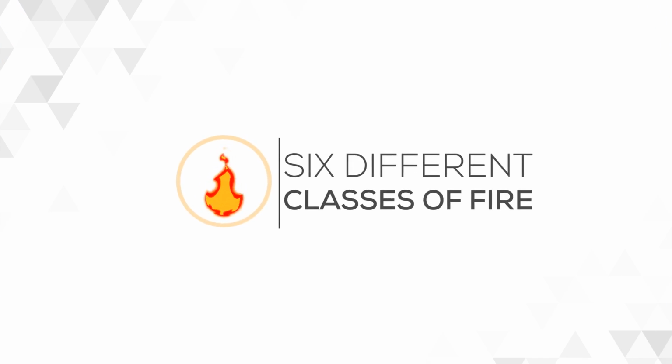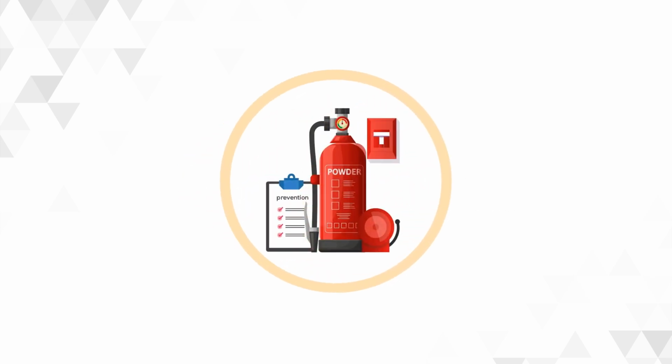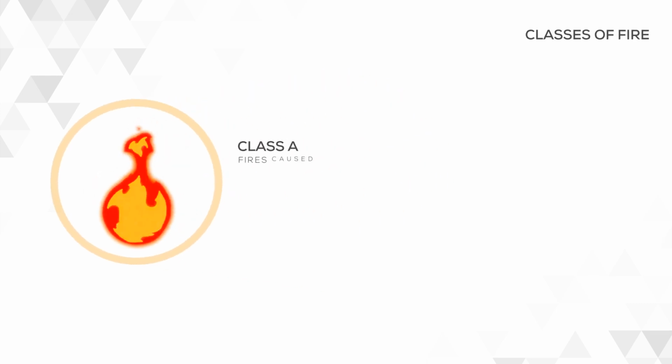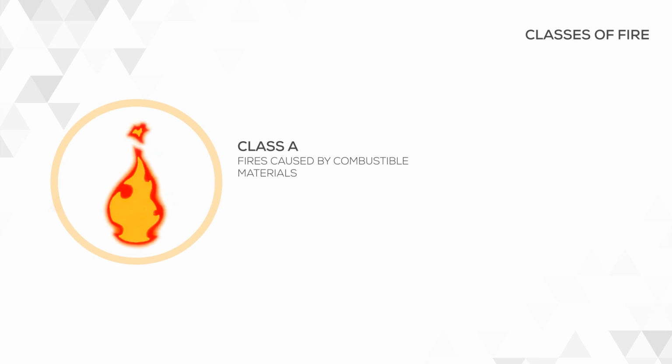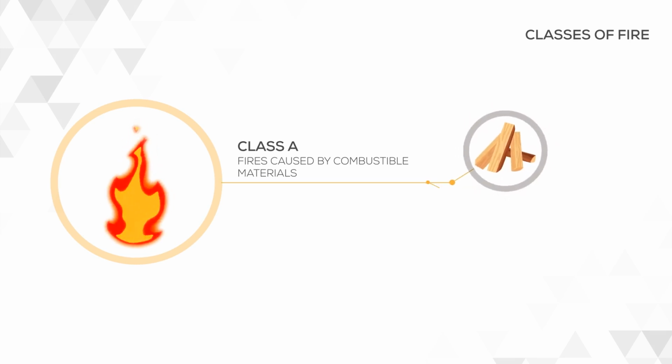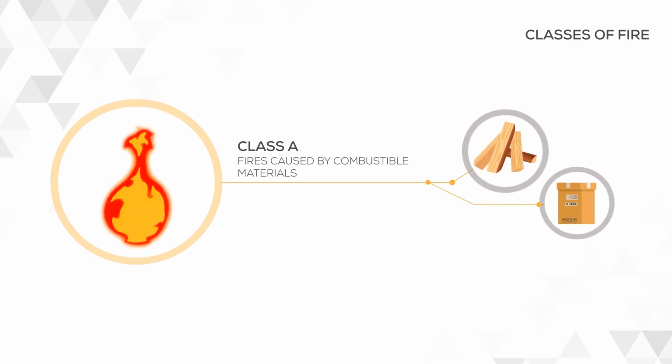There are 6 classes of fire. It is important to know what the differences are. Using the wrong extinguisher in the wrong circumstances could have serious consequences. Class A. Fires caused by combustible materials, including paper, fabric, wood, and other flammable solids.